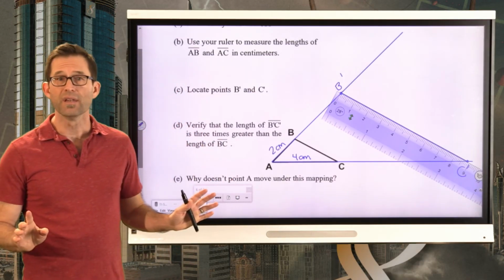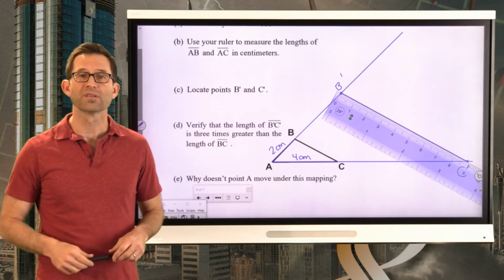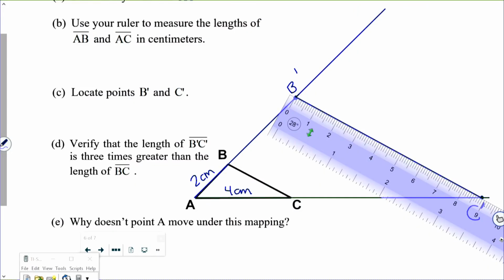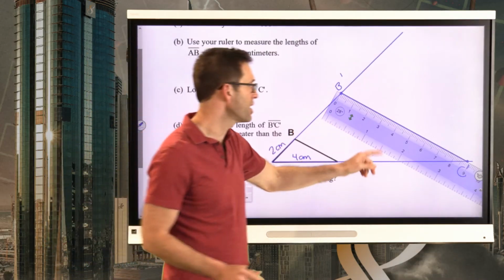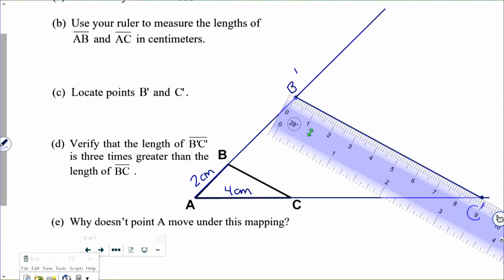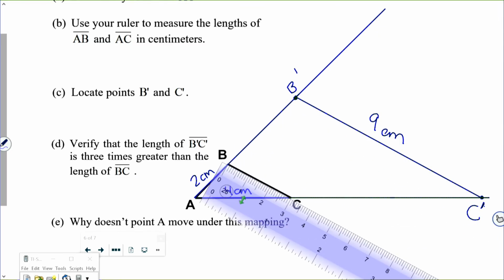Now, that's easy enough. Letter D asks us to verify that the length of B prime, C prime, the segment we just drew, is 3 times greater than the length of BC. Well, since we've got the ruler just sitting there, I can tell very quickly that this is 9 centimeters long. The question is, how long was BC?